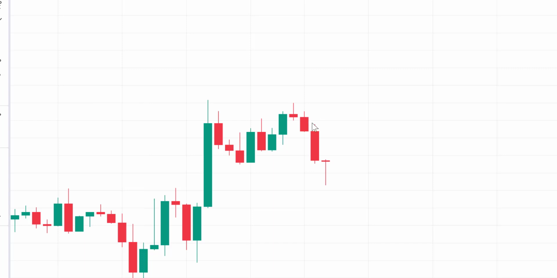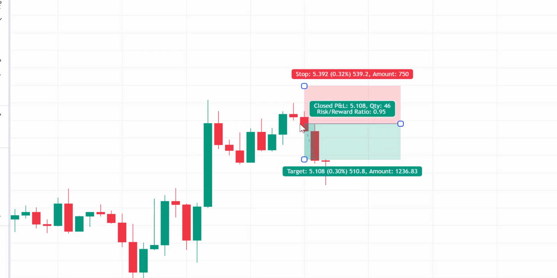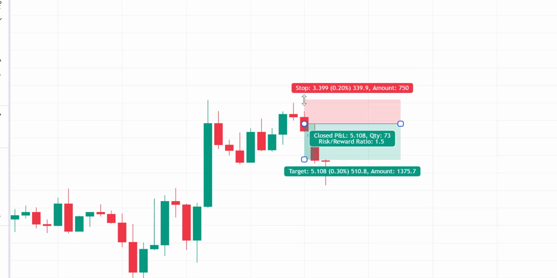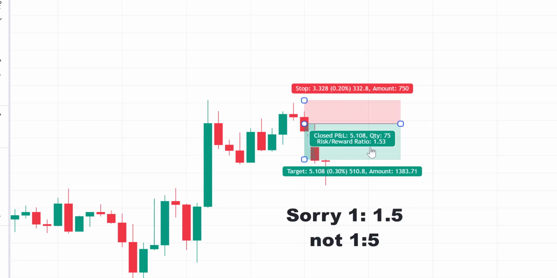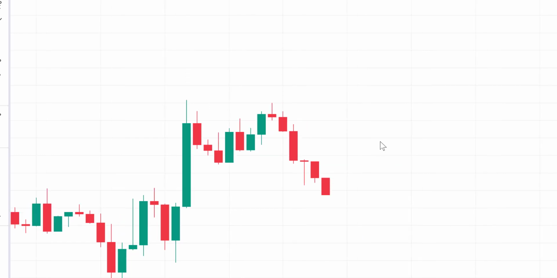If we take this here, our stop loss will just be above the pin, so we can easily get a 1:5 trade from this. So that's how you trade with the shooting star.